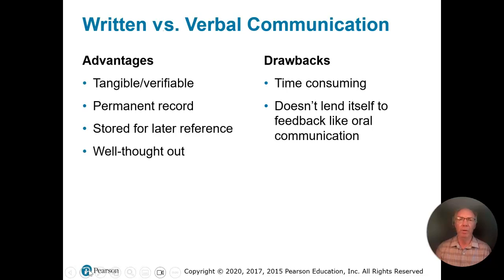In a classroom environment, if I say, okay, read the book, read the chapter, and let me know if you have any questions, chances are not a lot of you are going to read the book, and even if you do, you may not have questions.